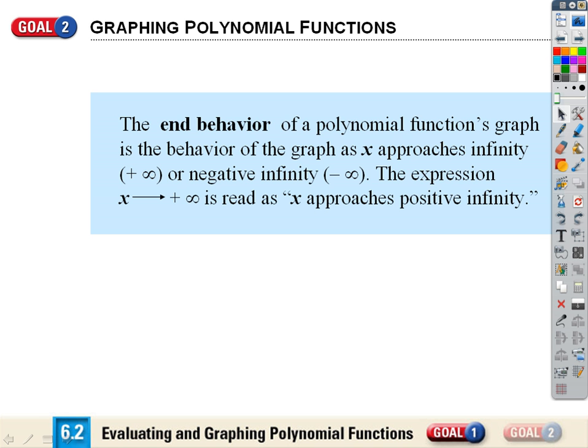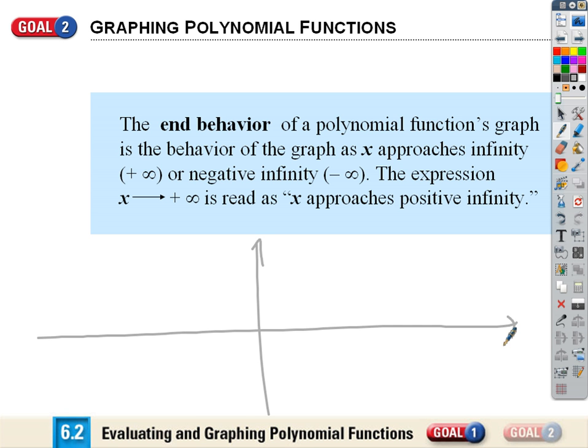So what we're doing is when we calculate end behavior, we're trying to find out what happens to the value of the function as x approaches infinity or negative infinity. That's kind of weird stuff. So in other words, what's going to happen if I were to draw a graph? What's going to happen as we push the function way out to the right in the positive x direction?